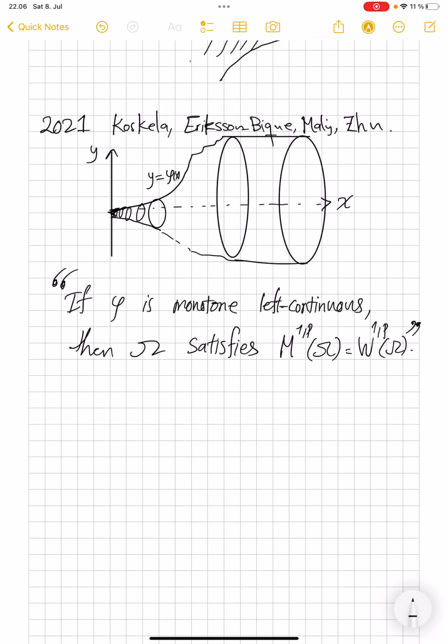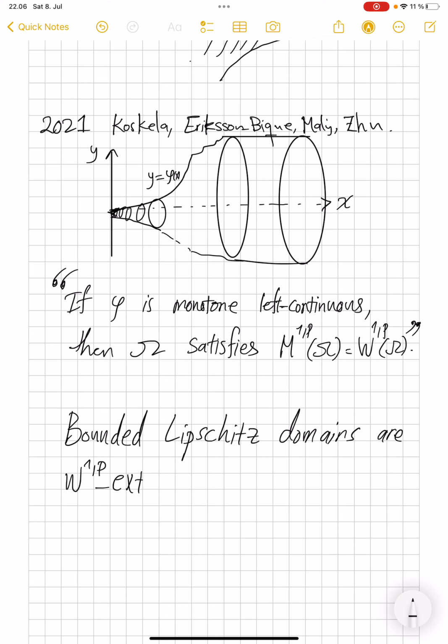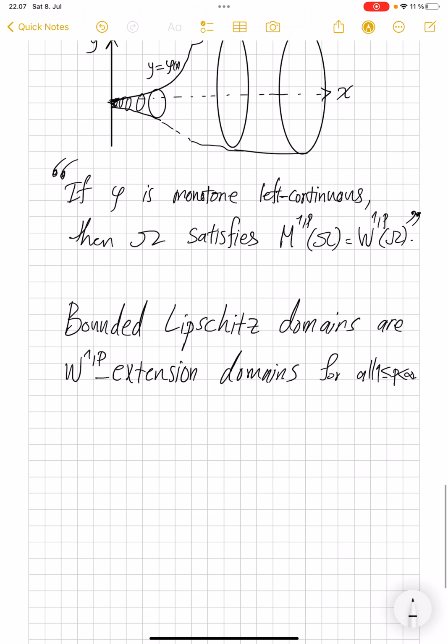Maybe I should mention that bounded Lipschitz domains are W1P extension domains for all P. This is, for example, proved in Evans and Gariepy, and also in many other books on classical Sobolev theory.